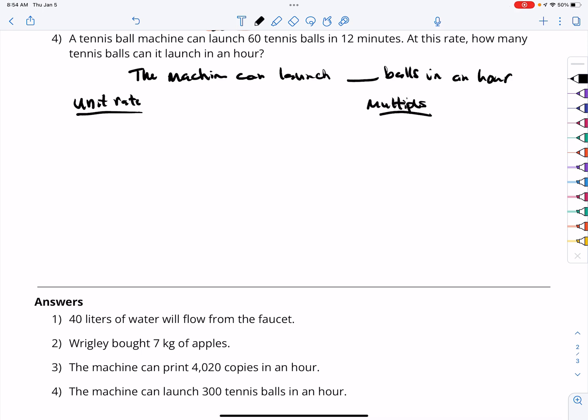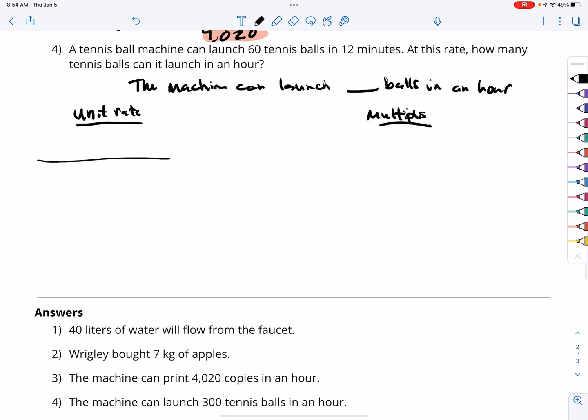So if we know, according to this, these are balls per minute, and they give us 12 minutes, our unit rate would be for 1, so we have to divide by 12. 60 divided by 12 is 5, so that's 5 balls per minute.